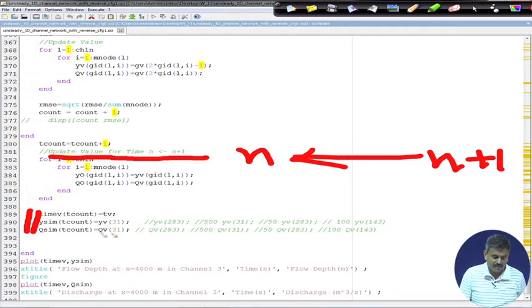If you have 100 as del x, then yv and qv should be calculated at 143. If del x is 43, then yv and qv should be collected at 283 to get the information about x equal to 4000.